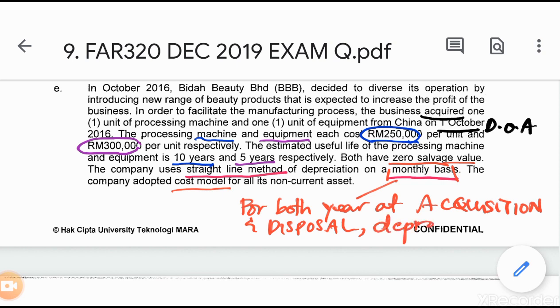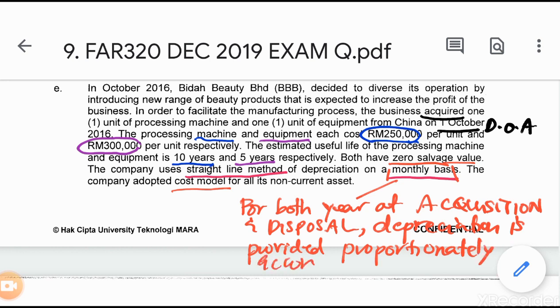Depreciation is provided, but it is provided proportionately according to the month of ownership.